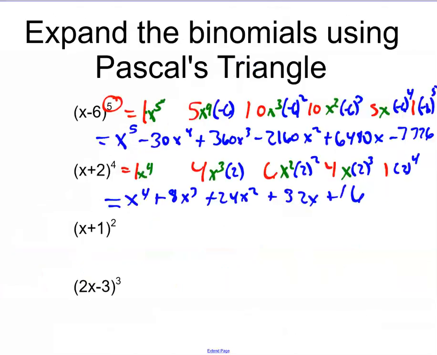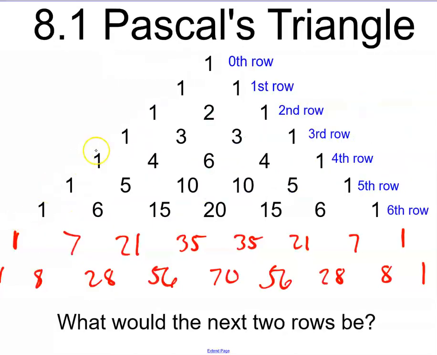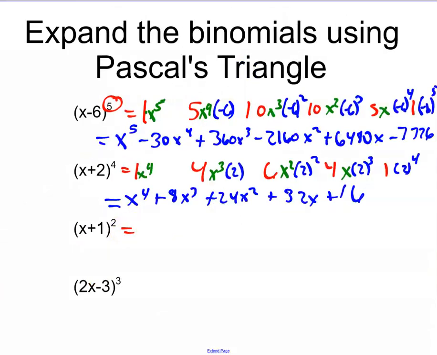So the next one we're taking to the 2nd power. That's this row: 1, 2, 1. x squared, x. 1 squared, 1 gives you x squared plus 2x plus 1.